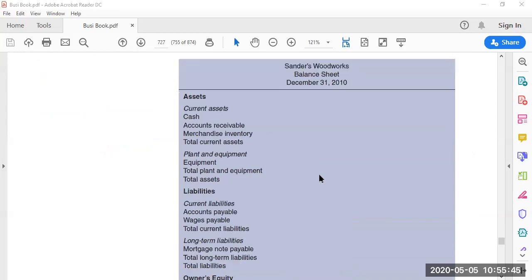In this case, we see Sanders Woodworks balance sheet as of December 31, 2010. Now, take a quick look at this. This date on this balance sheet is very important because anyone looking at this balance sheet will know that the values listed on the balance sheet would be the values as of this date.